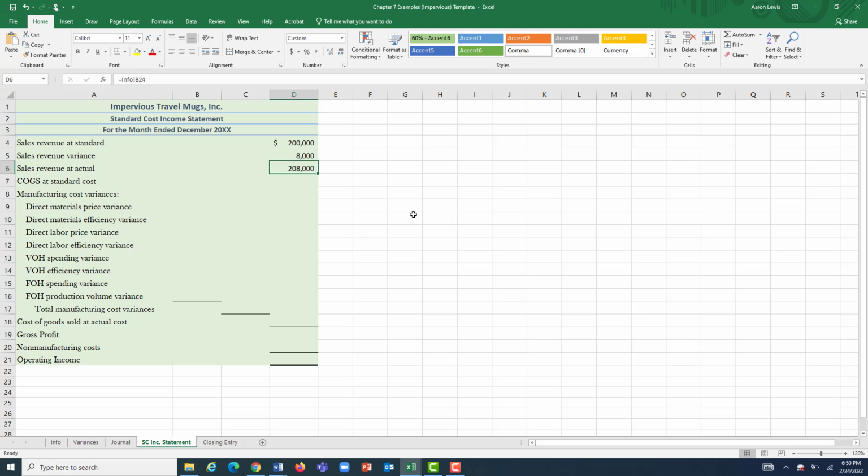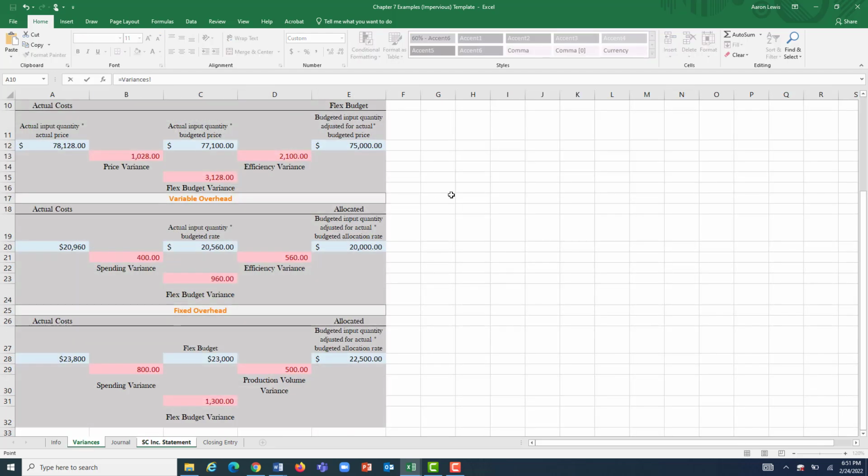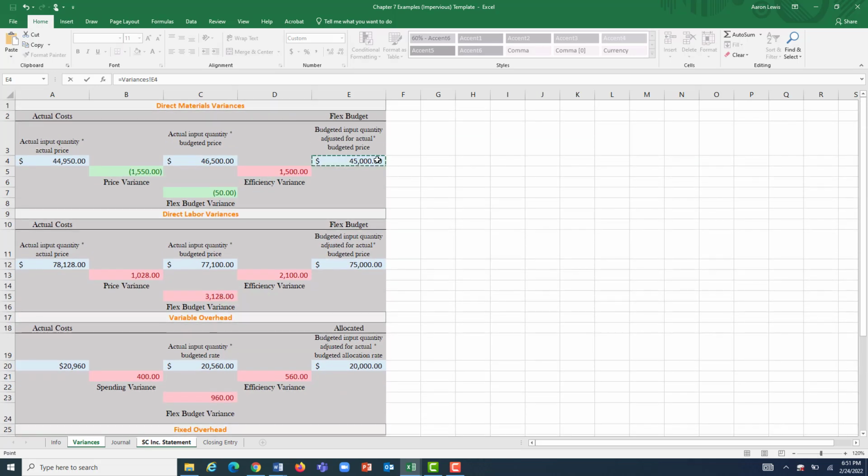Next up, we got to subtract from our actual sales revenue what our actual COGS was to figure out our actual gross profit. How do I figure out what our COGS is at standard? It is what should have been for all of the different inventorial costs that we had during the period. If I go to our calculations over here, I see that we should have spent $45,000 on materials.